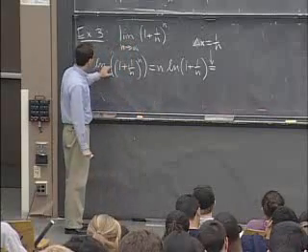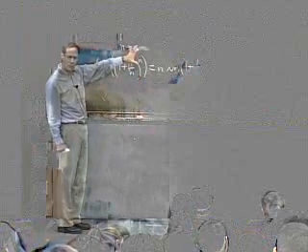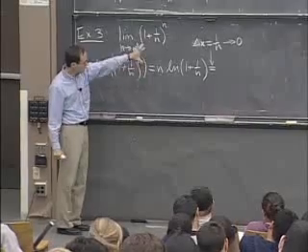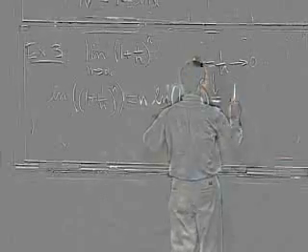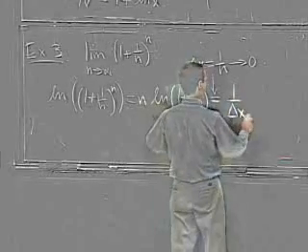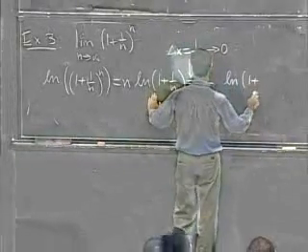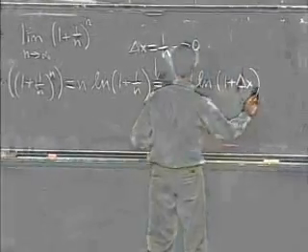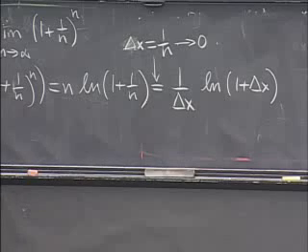So if n is going to infinity, then this delta x is going to 0. So this is more familiar territory for us in this class anyway. So let's rewrite it. Here we have 1 over delta x, multiplied by log of (1 plus delta x). So n is the reciprocal of delta x.